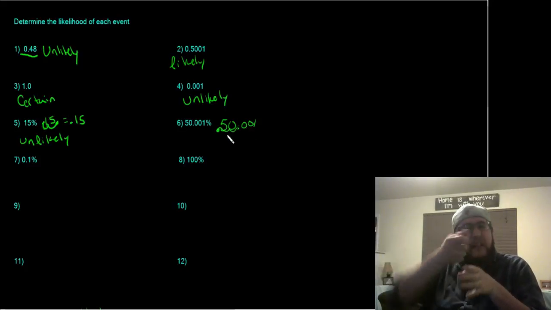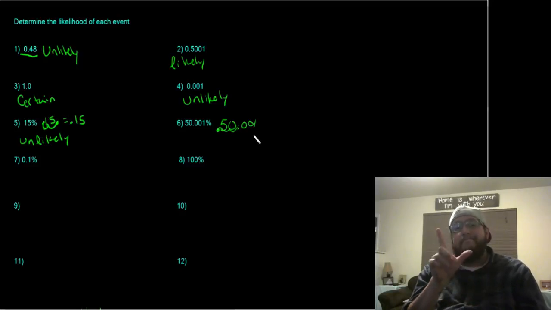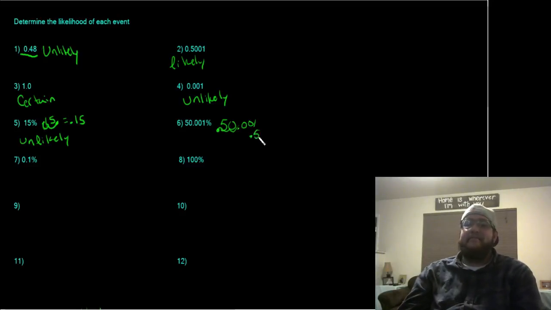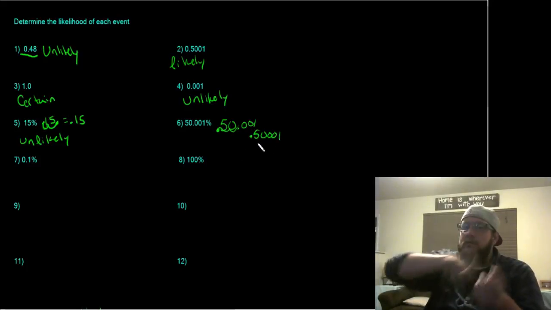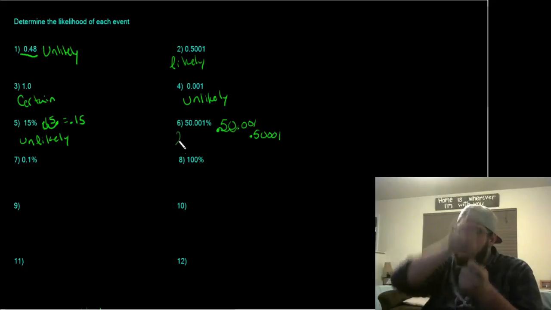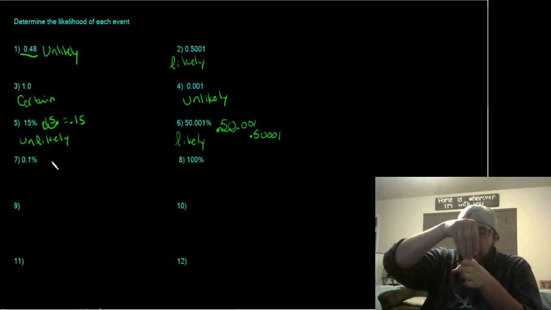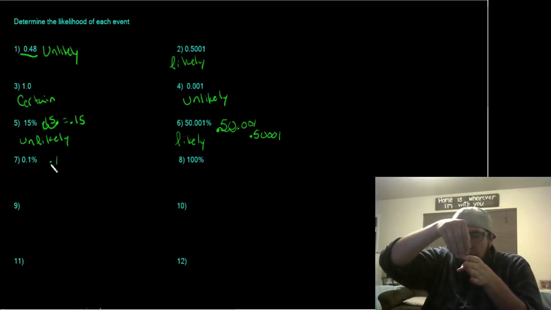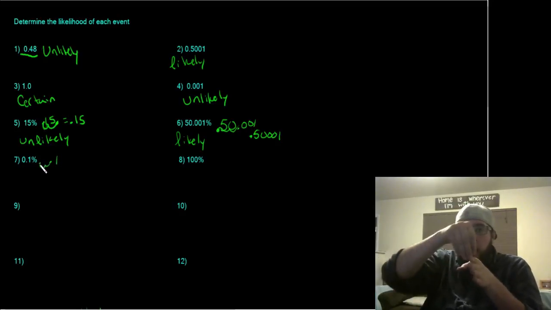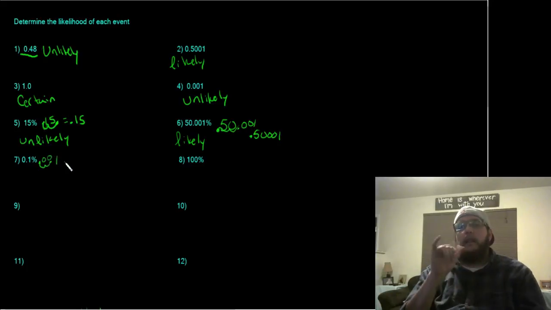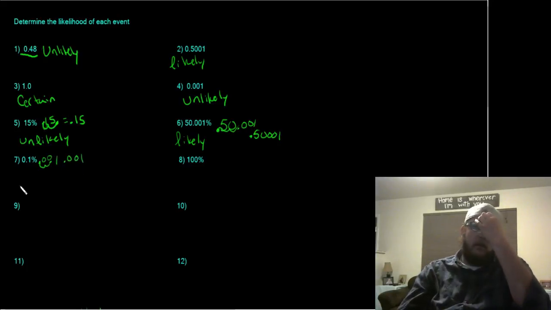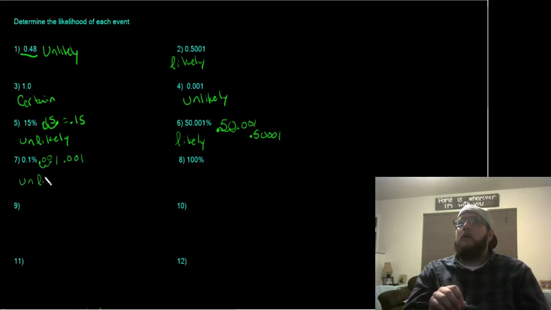There we go. And that's going to be 0.50001, which is a tiny bit bigger than 0.50, so that makes this one likely. 0.1%, again, we can convert this to a decimal, which is 0.001, which is unlikely. 100% is certain.